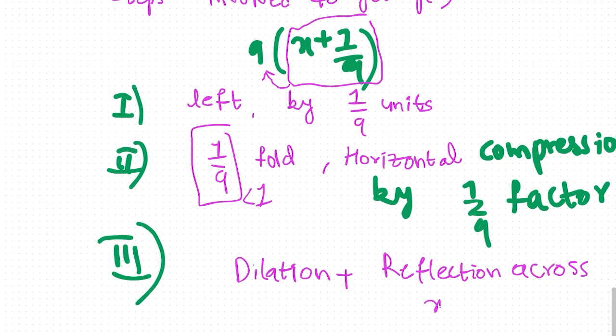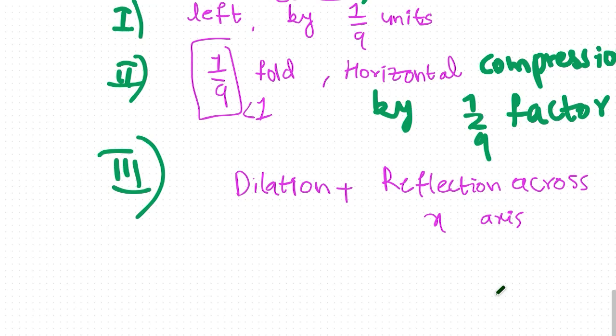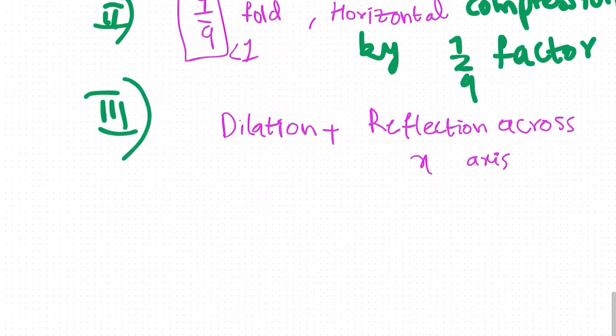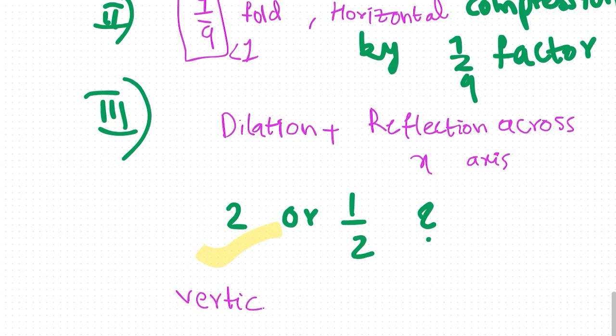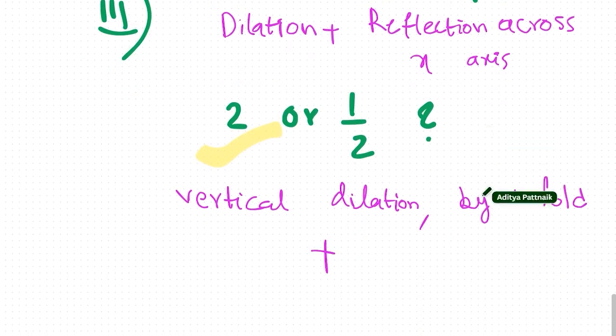The x-axis. Good. f of x becomes negative f of x. Y becomes negative y means reflection across the x-axis. What is the factor for dilation? It's just 2, not 1/2. Vertical dilation by 2-fold, or a factor of 2. And then you go down by 5.